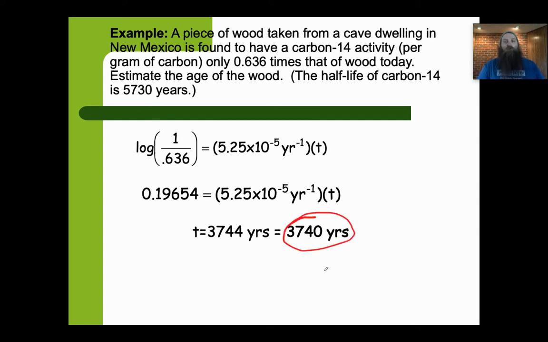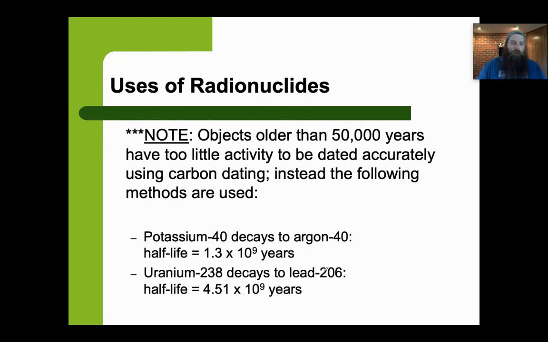3,740 years old. Now, radiocarbon dating is pretty cool, but anything older than about 50,000 years, there's not enough activity left to date accurately with carbon dating, so we use potassium-40 or uranium-238 dating.